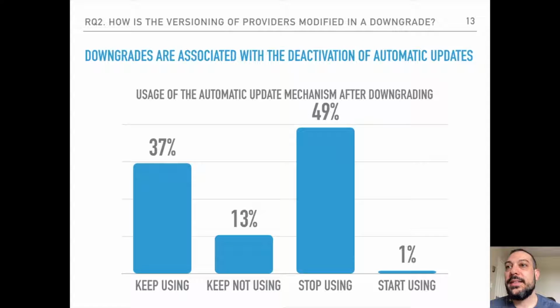We also observed that in 37% of the downgrades, the client package keeps using the automatic update mechanism, and only 13% of the downgrades are performed over a provider package that's not automatically updated.